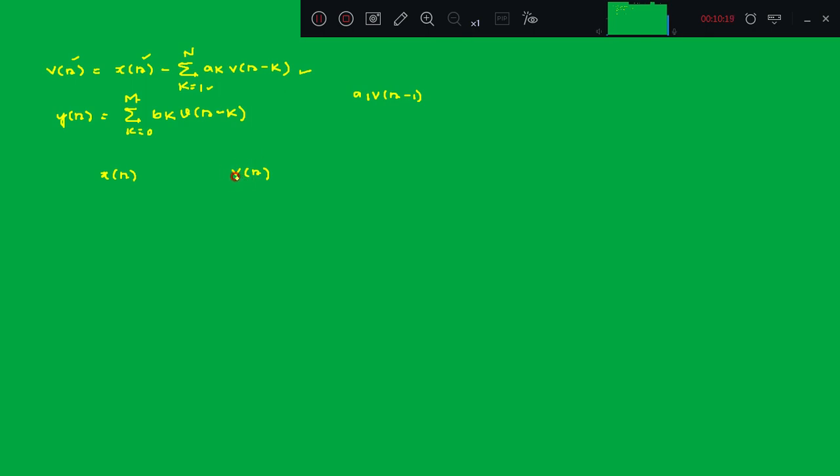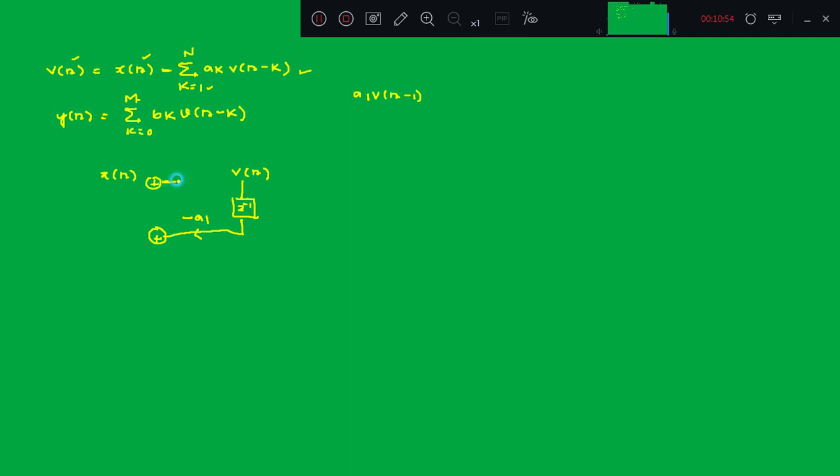After that you get P of n minus 1, and this is scaled by minus a1 because here it is minus. And here you have to give a summation.